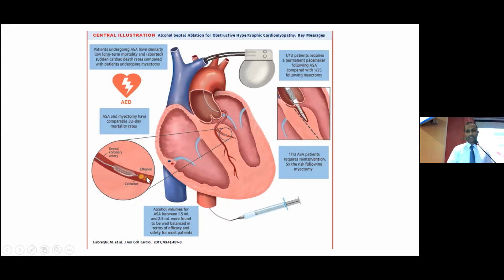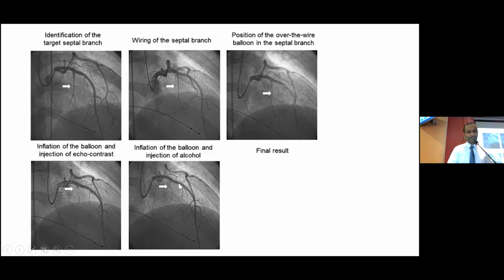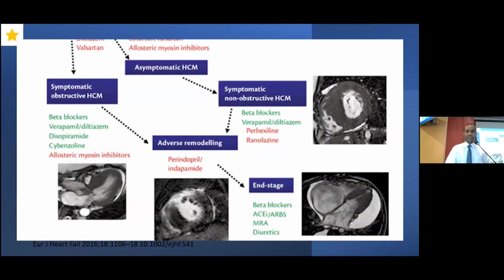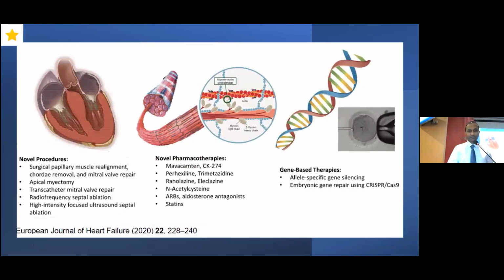We inject alcohol after occluding the proximal vessel with a balloon, so that it will not leak to the main vessel. So you create an artificial iatrogenic MI in the septal branch of the LAD. There are newer drugs on the horizon too. Okay.